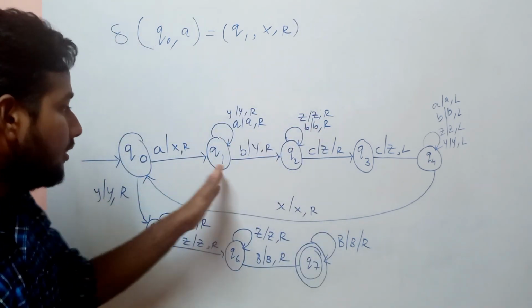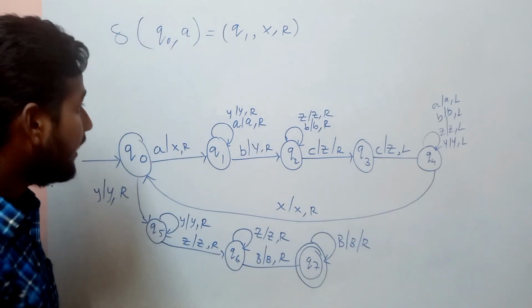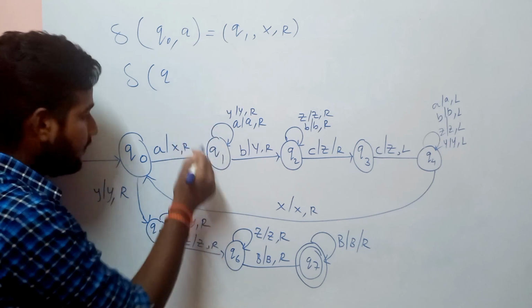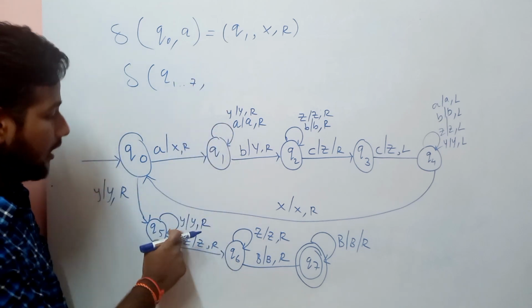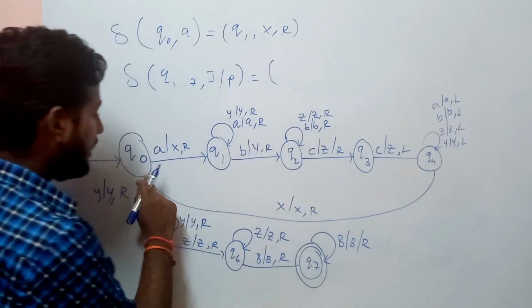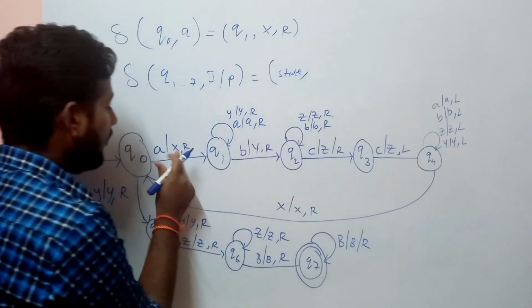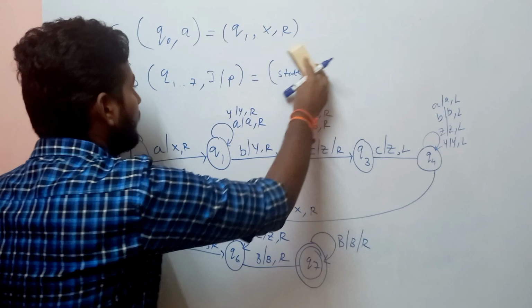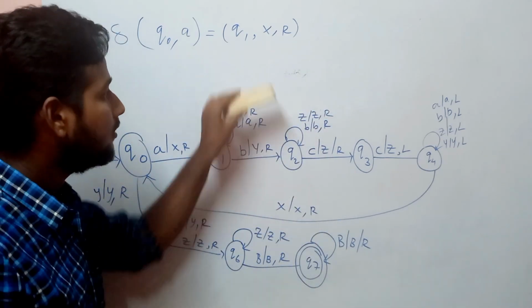Similarly, for all the states Q1, Q2, Q3, Q4, Q7, Q6, Q5, every state can be represented as a transition function with every single input, giving the next state, what symbol it is changed to, and in which direction. For every state we need to write this transition function.